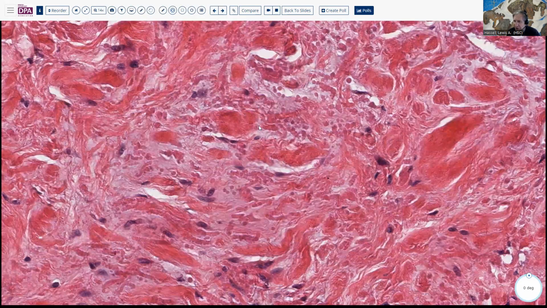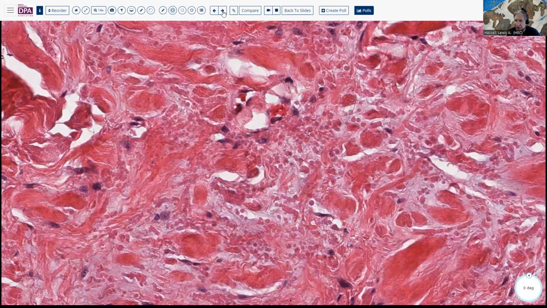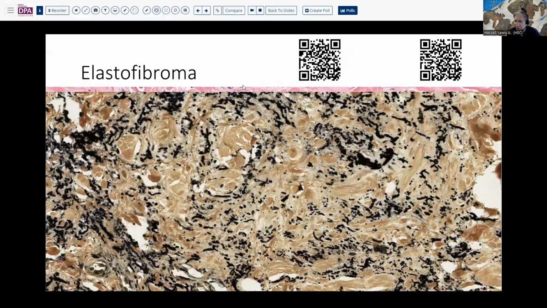So this is a very characteristic lesion that occurs in a subscapular location, occasionally bilateral, in usually mature women. That is the elastofibroma. And if you are fortunate enough to have access to an elastic tissue stain, you can make these elastic fibers stand out dramatically, as you see here.